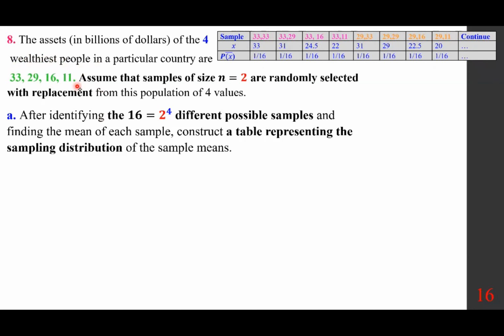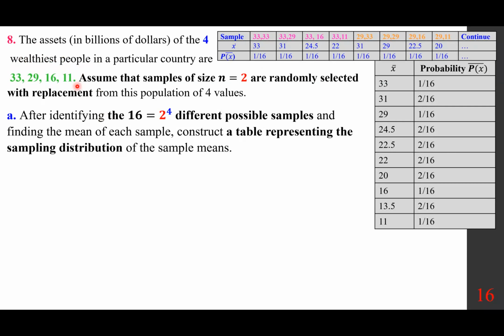Those are the others. So what happens now, I want to write the probability distribution for that. So take a look at how that works. We have X bar and P of X bar. So starting with 33, there is only 1 out of 16. But what about 31? When you look at this one, class, the average of 33 and 29 is 31.